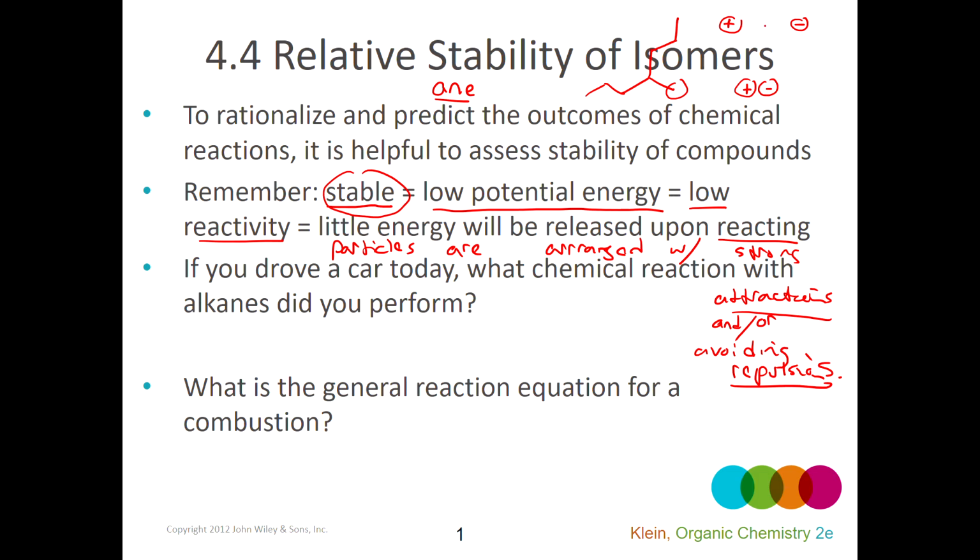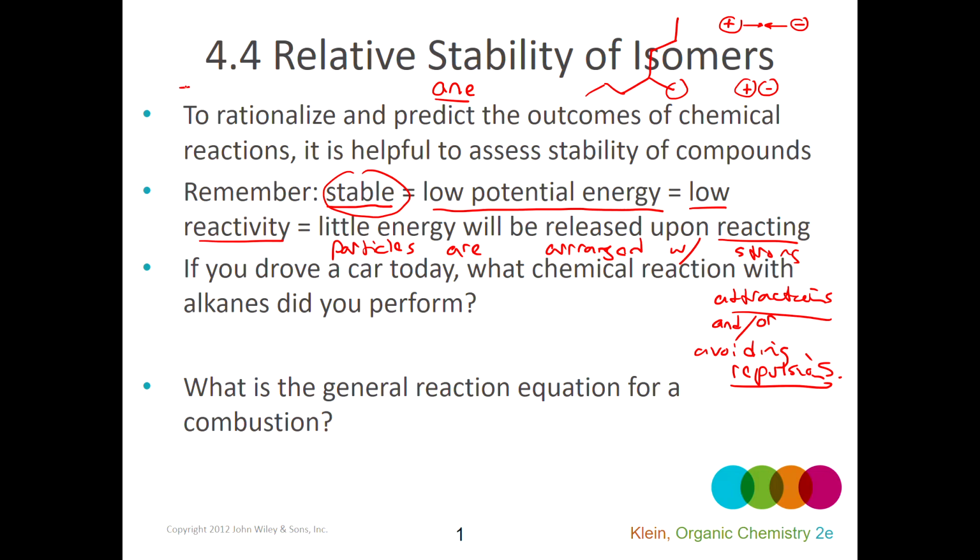As long as they still have some degree of attraction, there's the potential for them to move closer together again. So as I pull particles that attract farther and farther apart, the potential energy increases until I reach a point where they're so far apart they don't feel an attraction. At that point, continuing to pull them apart wouldn't change the potential energy.